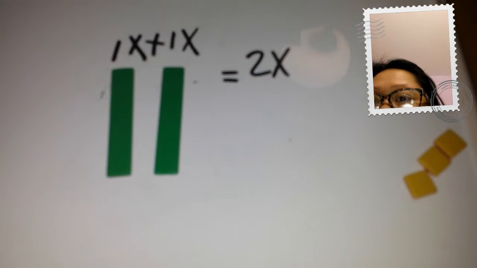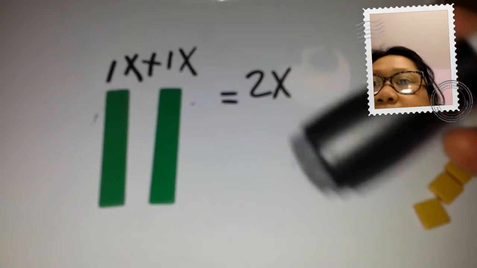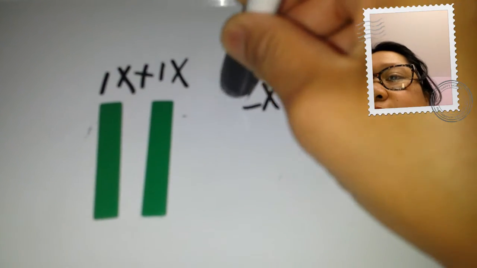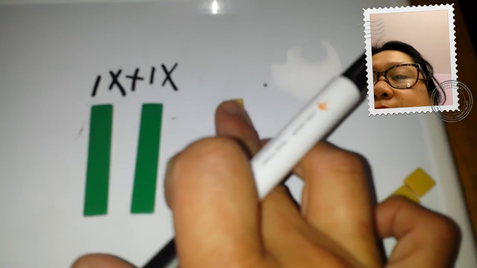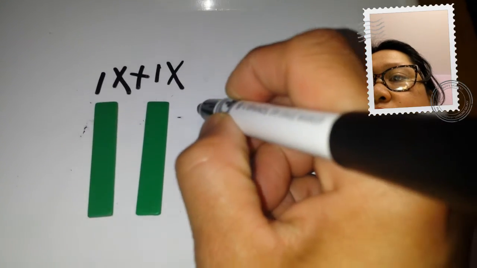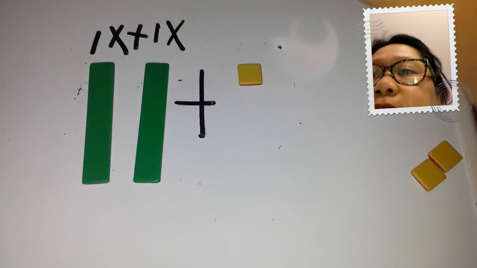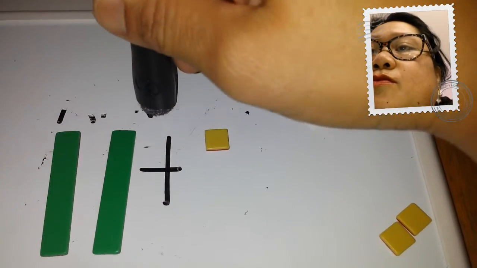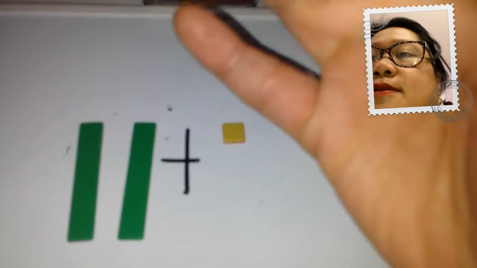Now, if I decided to add this one square over here to the rectangle, I'm going to erase this over here as well. This is 2x, right?